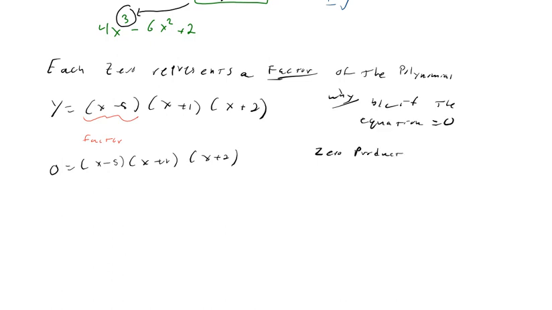The zero product property says if you multiply two things together, a times b, and you get the answer of 0, what is the only way that's going to work? What is the only way you're going to get 0 if you multiply these two things together, a times b?